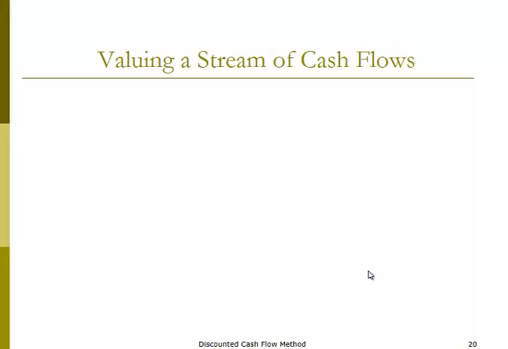And the second situation would be more ideal and more like the mortgage agreement, for example, when you have equal payments which occur regularly, and we call those annuity. Okay, so we will start with the irregular, uneven payments, and then we will move on to valuation of an annuity.